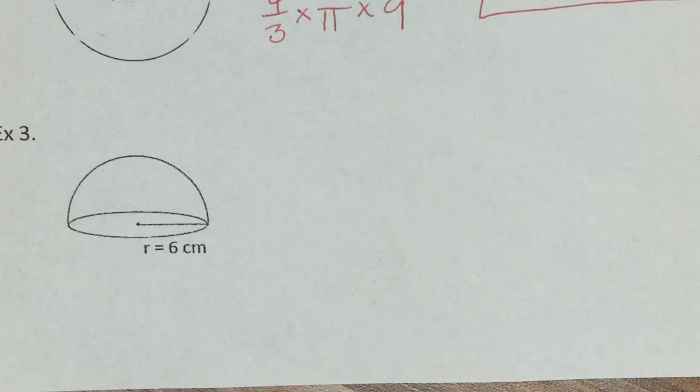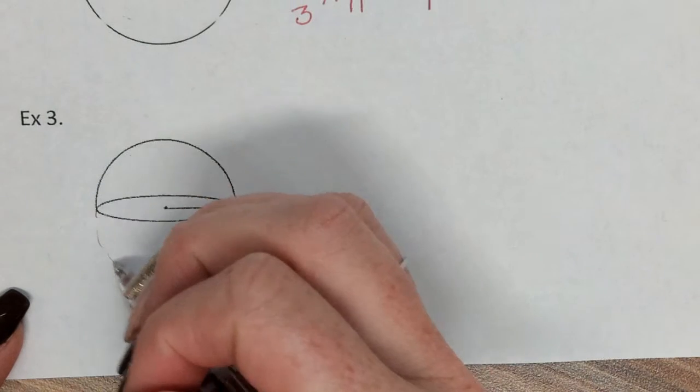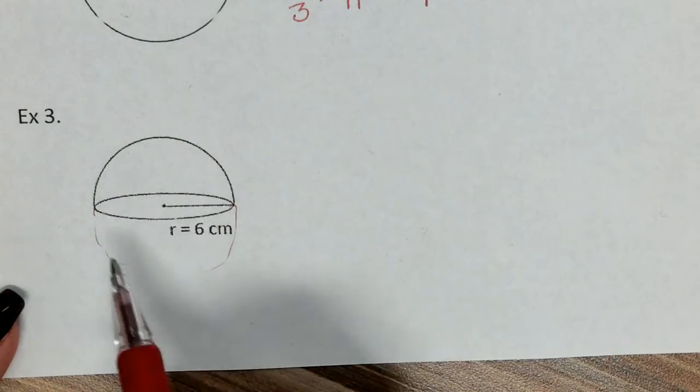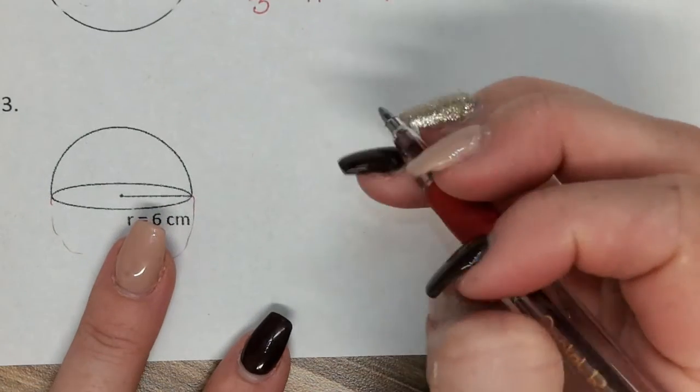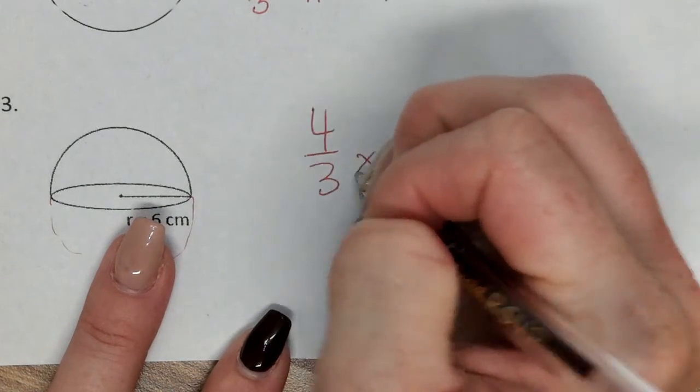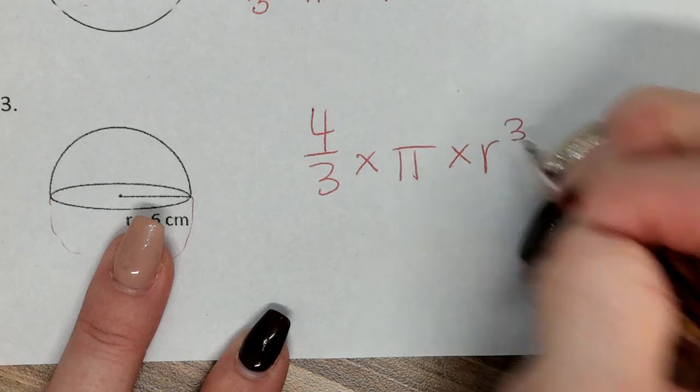This last one is not a full sphere, is it? It is half of a sphere. It's called a hemisphere. So what do you think I'm going to do to my formula? I'm going to take my answer and cut it in half because the full sphere would look like this, yes? So can I just cut my answer in half once I get it? So I'm still going to do 4 over 3 times pi times radius cubed.